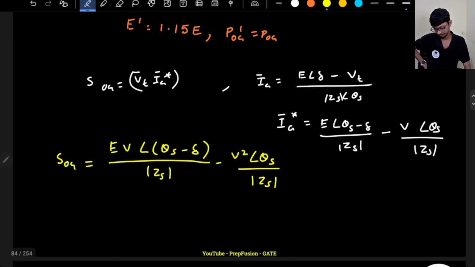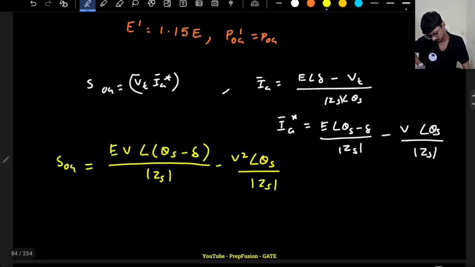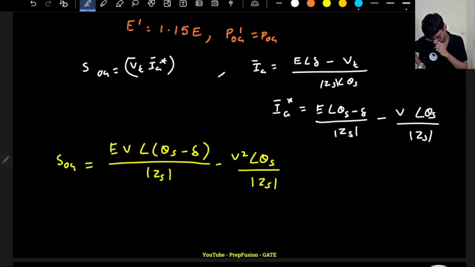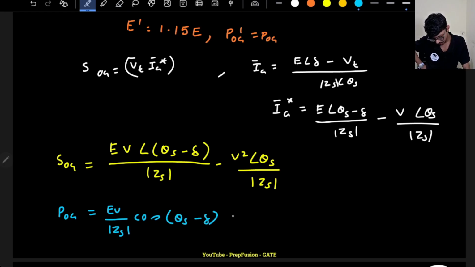So what will be the active power, POG? POG will be EV divided by the magnitude of ZS, cos of (theta S minus delta), minus V square into cos of theta S divided by the magnitude of ZS.